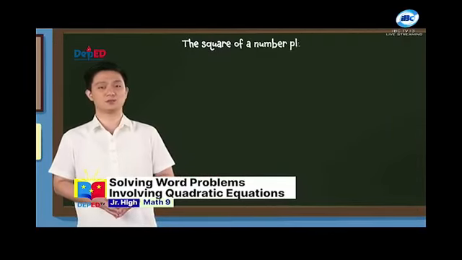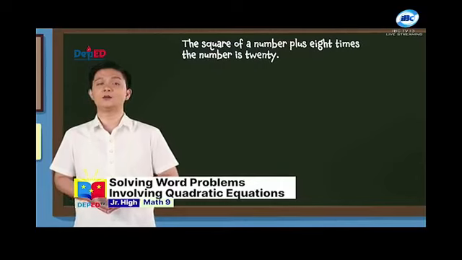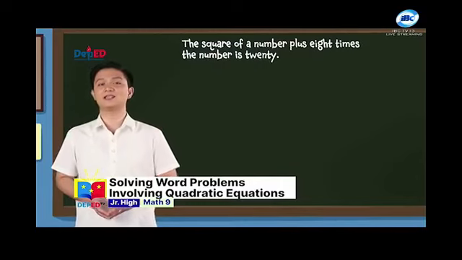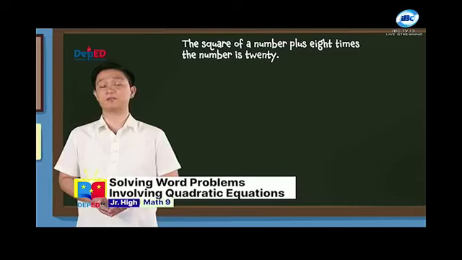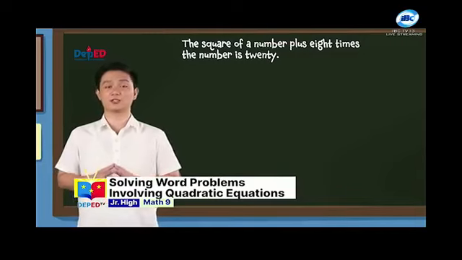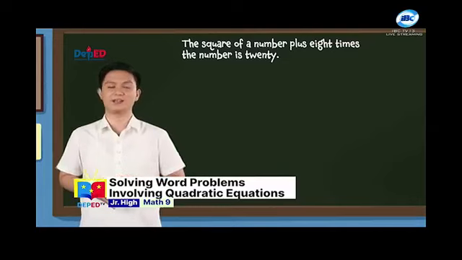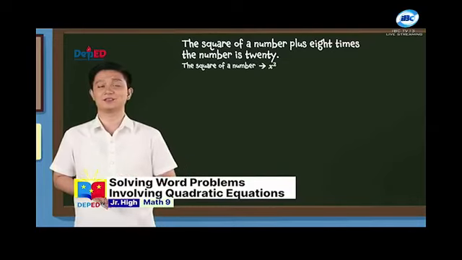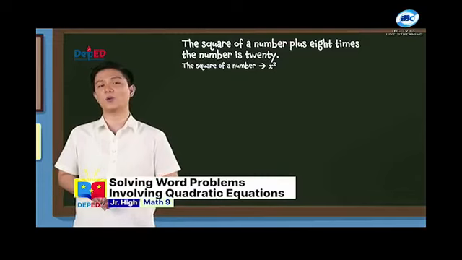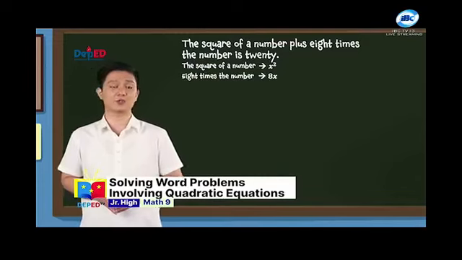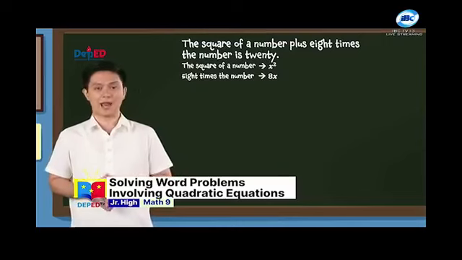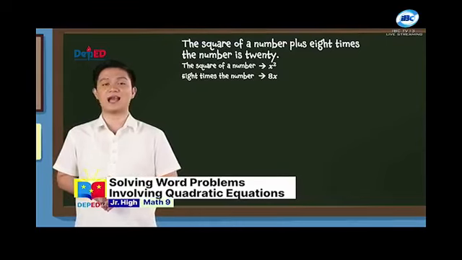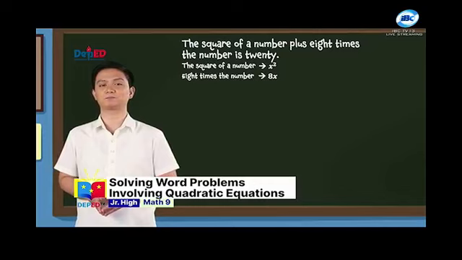In sentence number 2, the square of a number plus 8 times the number is 20. This is a number problem, so let's use the variable x to translate the sentence into an equation. The square of a number in symbols can be written as x squared. 8 times the number, the same number x, in symbols can be written as 8x.